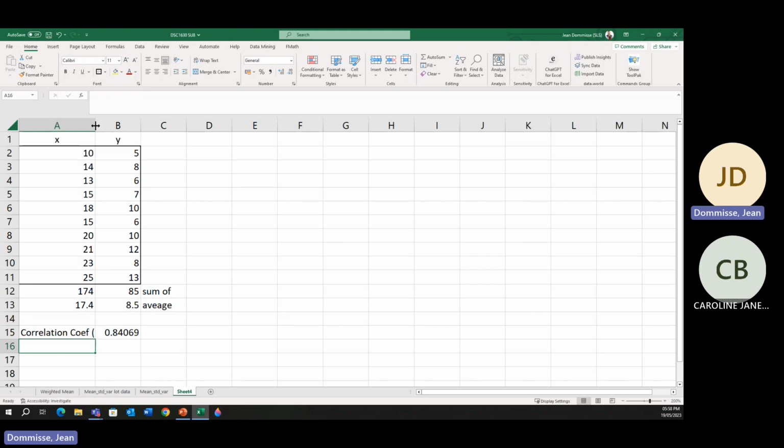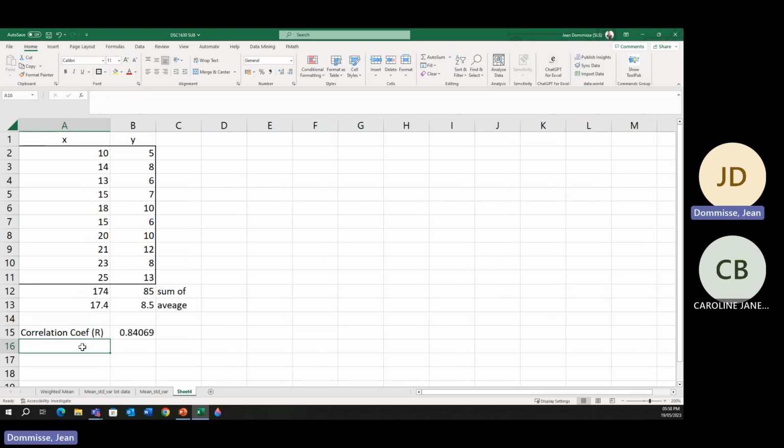But then if you need to work out your coefficient of determination, that is just your R square, which basically means that to the power of 2, which will then give you the 0.70.